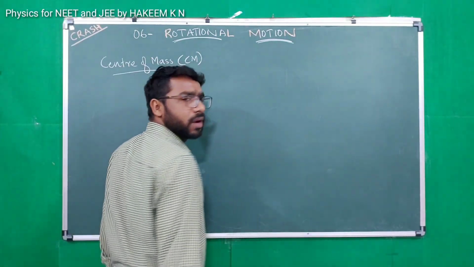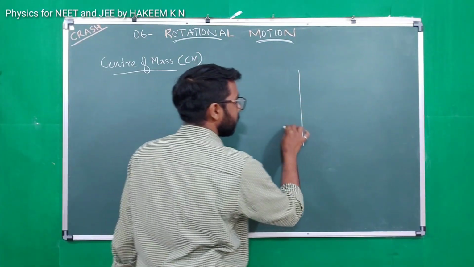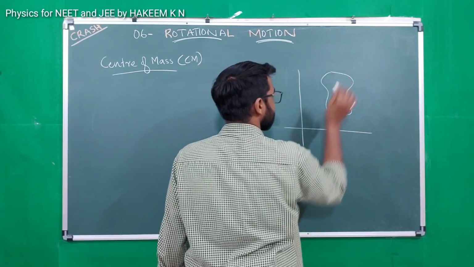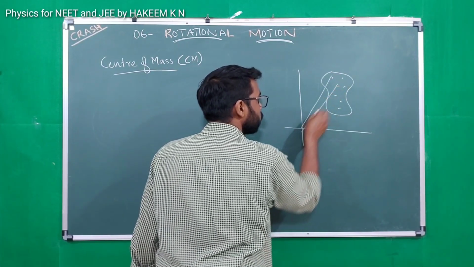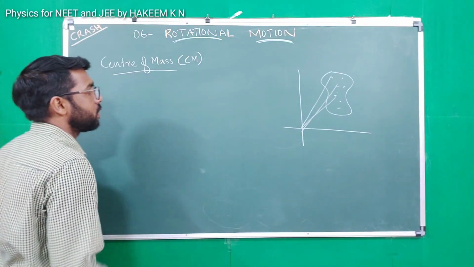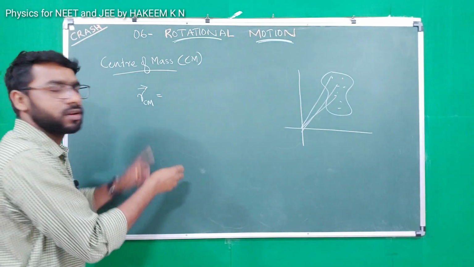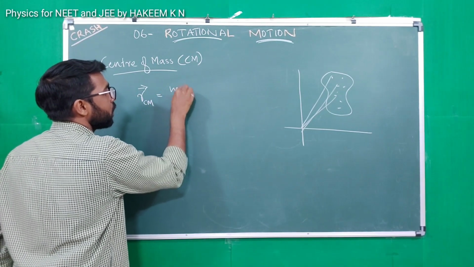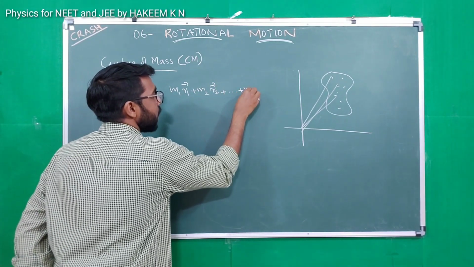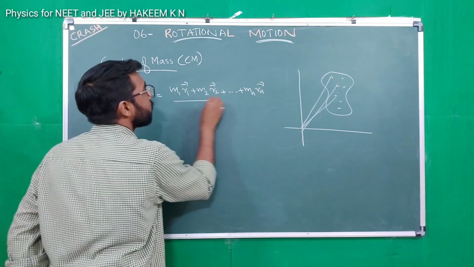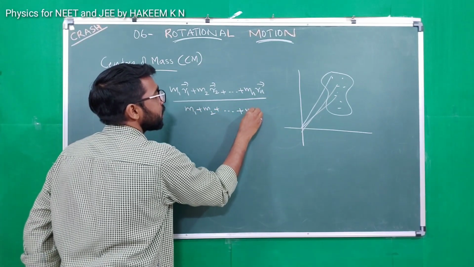For a system of particles which possess masses m1, m2, m3, etc., and their position vectors are r1, r2, r3, etc., the position vector of center of mass can be calculated using the equation m1r1 plus m2r2 plus etc. plus mnrn, all divided by m1 plus m2 plus etc. plus mn.